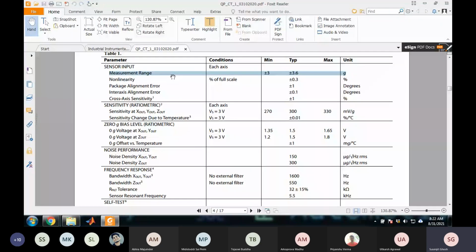Okay, the next part is non-linearity. So the non-linearity means, let's take the answer from someone. Krishna.